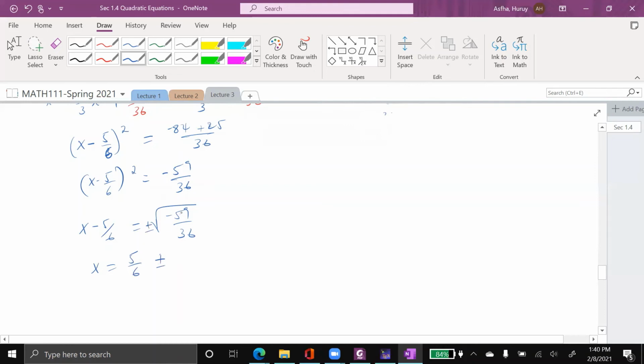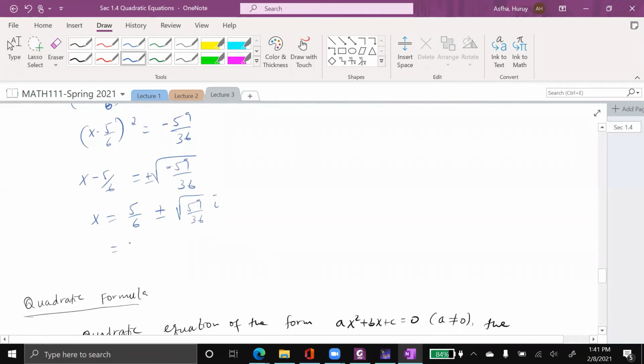Here I have negative 59, so this is the square root of 59 over 36 i, because we have a negative inside, so we have to take out the i. Now we make the inside a positive number, and if it's possible, we simplify it further. If not, we just leave it that way. But this one we can simplify a little bit, and the square root of the denominator is 6. The numerator is not a perfect square, so we have square root of 59 over 6 i.